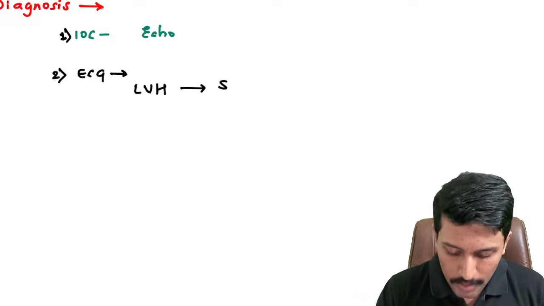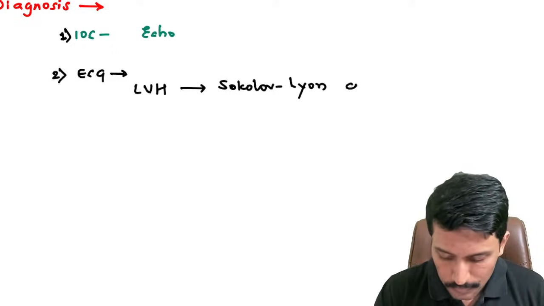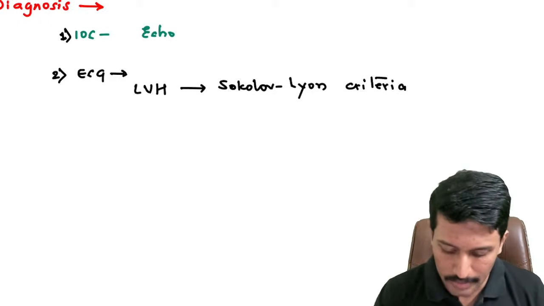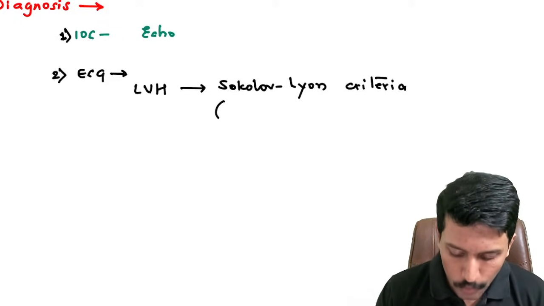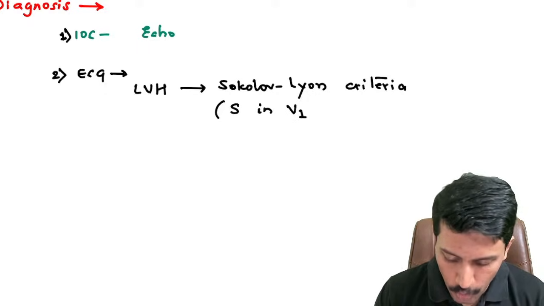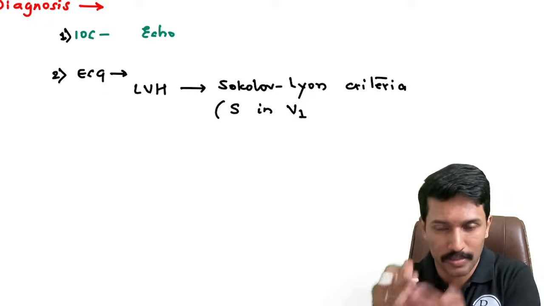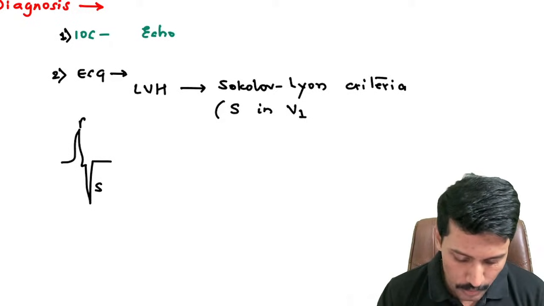Now if you have already watched my ECG series, you know how to recognize left ventricular hypertrophy. We follow a criteria called the Sokolov-Lyon criteria. You don't have to write it in your paper, but just for a quick recap, it is a simple mathematical formula. We look at the amplitude of the S wave in V1, how many small squares it takes. In the QRS complex, you have an S wave and an R wave.